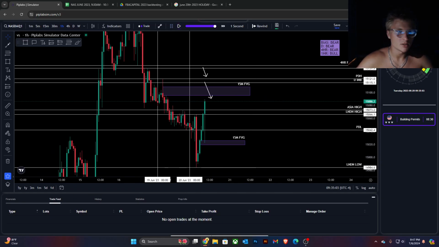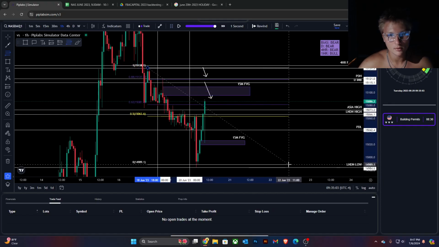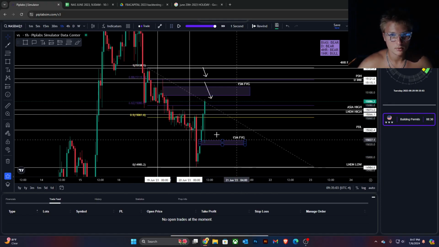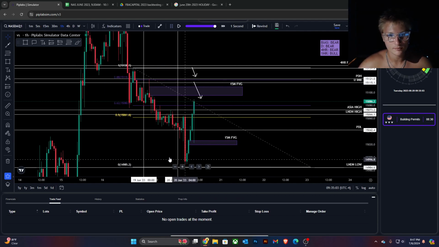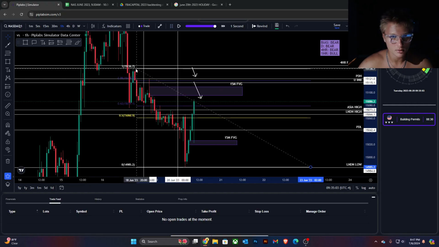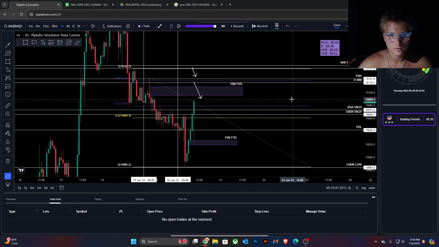Something I'm gonna do right now real quick is pull my fib, just from the high to the low before the retracement. Guess you could also pull it like this. I'm gonna use this high to the low.